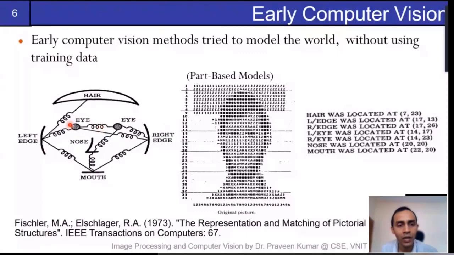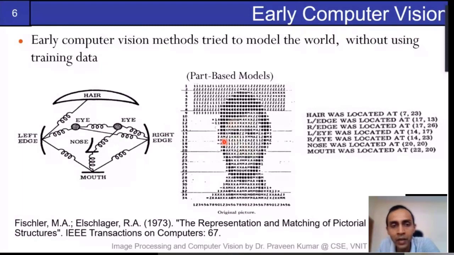These parts are connected by something like an elastic spring, so the distance between these parts can vary within a finite range. There is some relaxation possible because different people have different face structures.